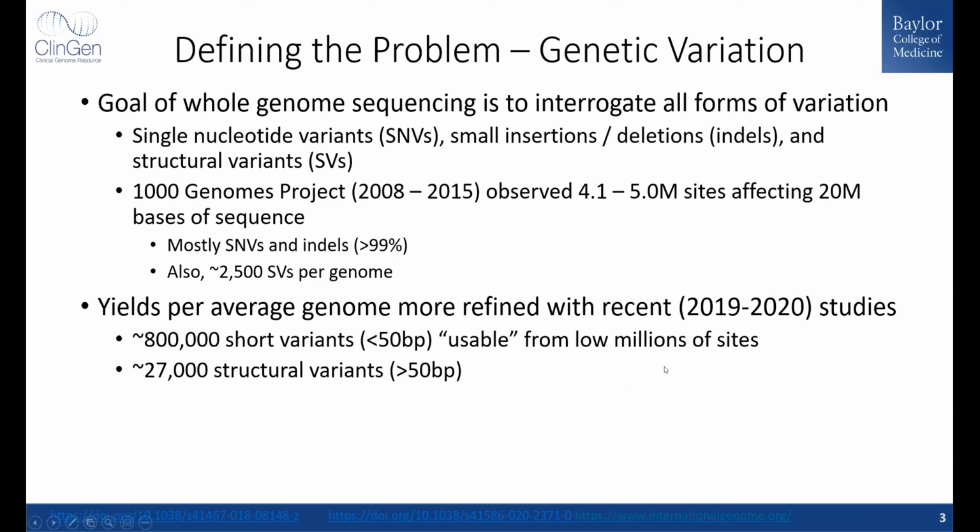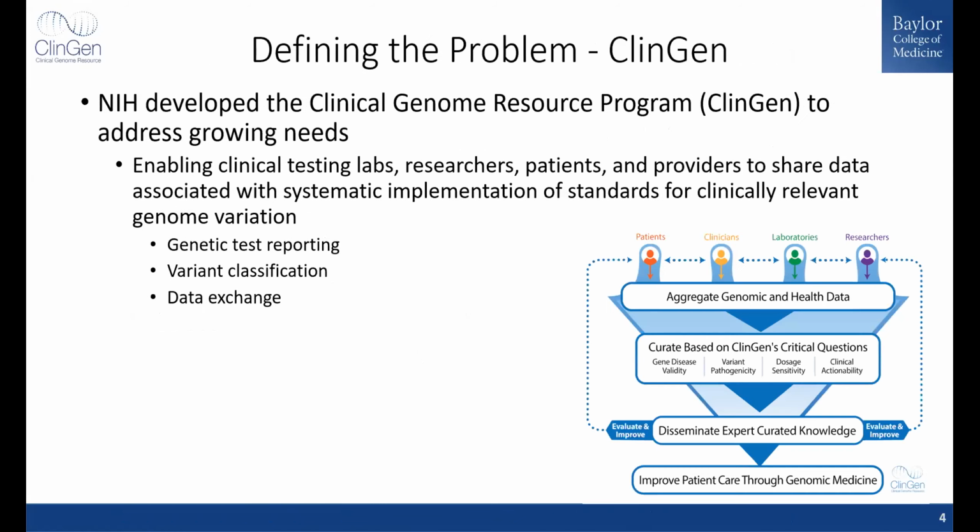Some of the more recent studies, and this is not an overview or a catalog of this, there are a lot of things that happen in between, but just in terms of the data scope and scale that we're looking at, we see roughly 800,000 short variants that are usable from the low millions of sites from these large-scale studies, but also an increase of up to 27,000 structural variants. So you see the scale of what we're able to get on the data end versus what we're actually able to store within the Allele Registry.